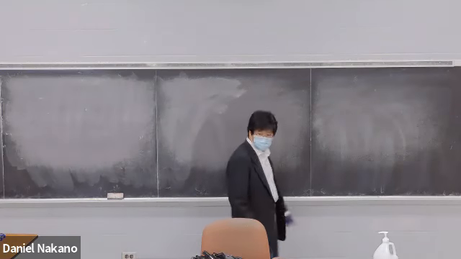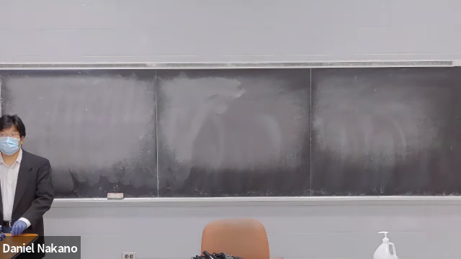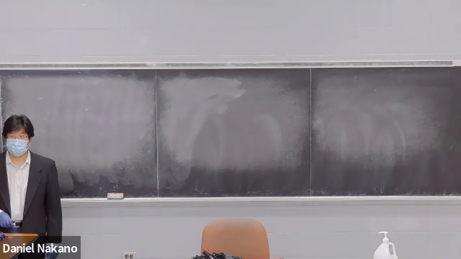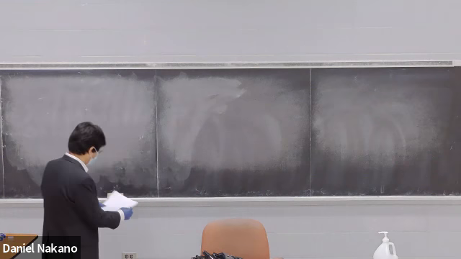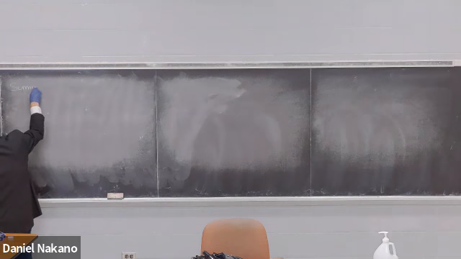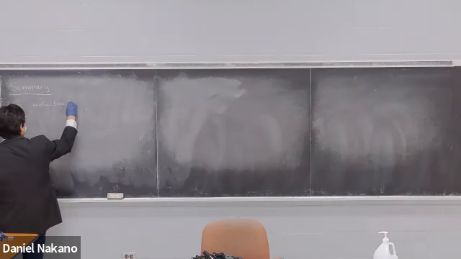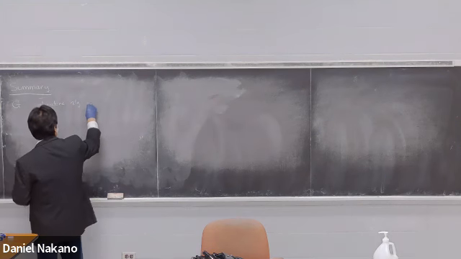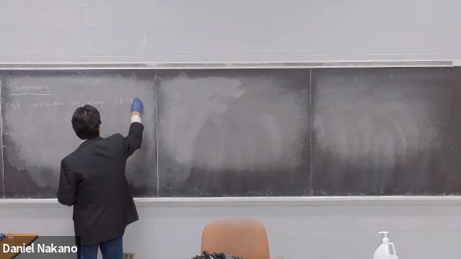Okay, so I think we should start with class. All right, so let me give you a review or summary of the ideas that were covered over the last 2 or 3 lectures. So here G is a reductive group, and we're working over a field of characteristic p.